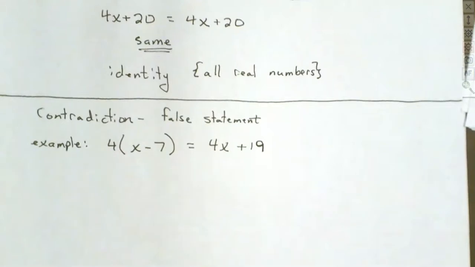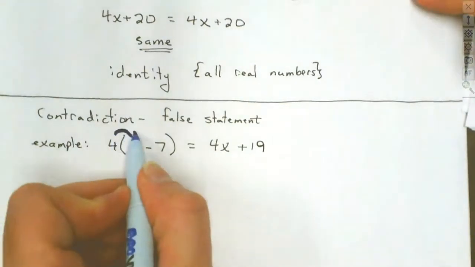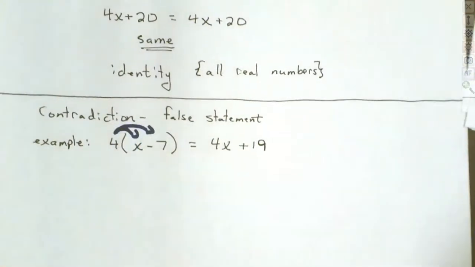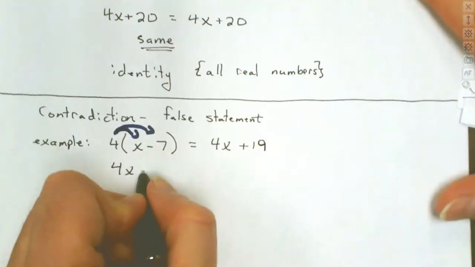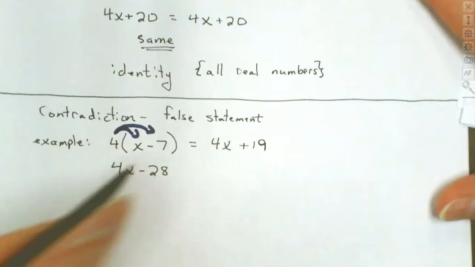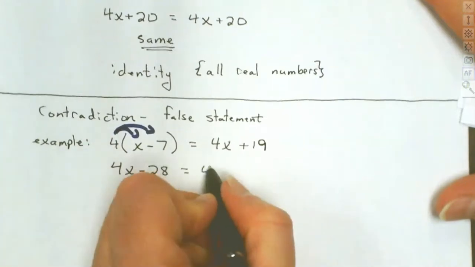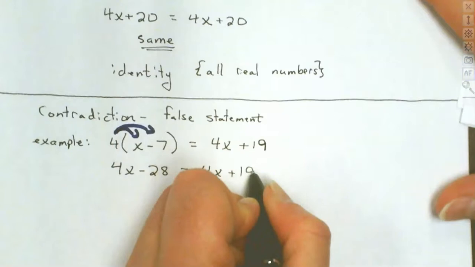So we begin by distributing that 4 through. And that leaves me then with 4x minus 28 equals 4x plus 19.